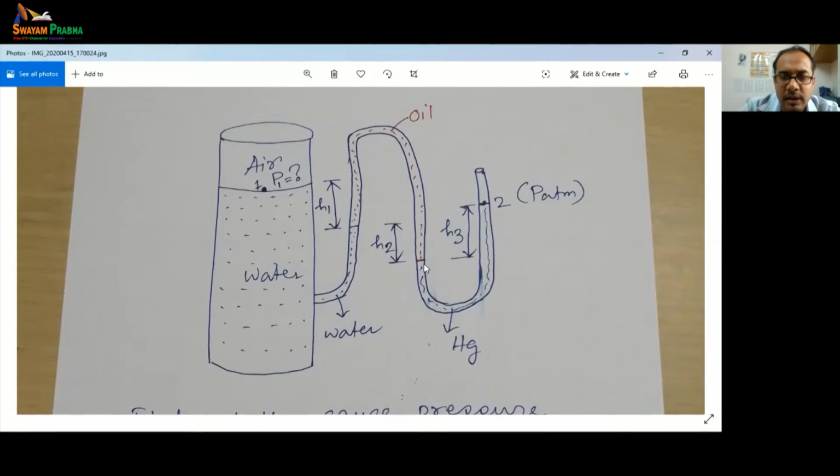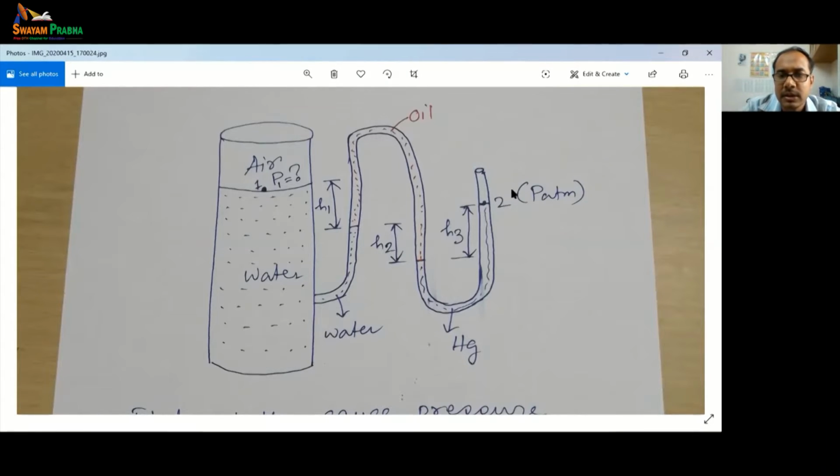Now from this point where the oil column ends, the liquid mercury column starts. You can see we have denoted that with Hg, the chemical symbol of mercury, and that mercury column extends up to point 2, and this whole tube is open to the atmosphere.